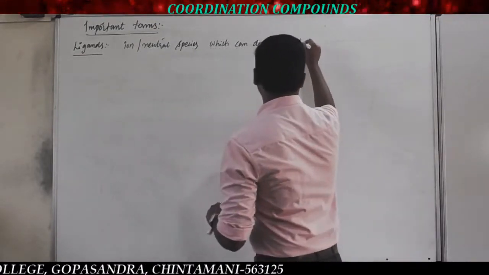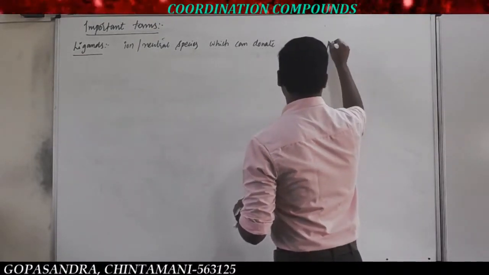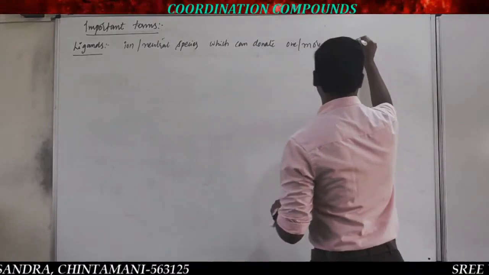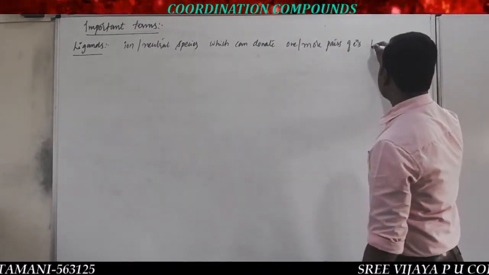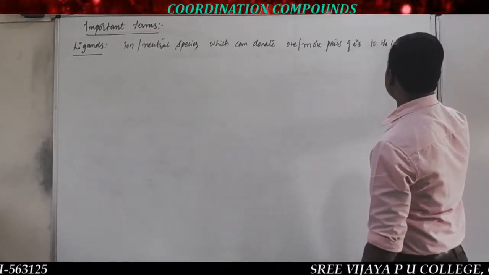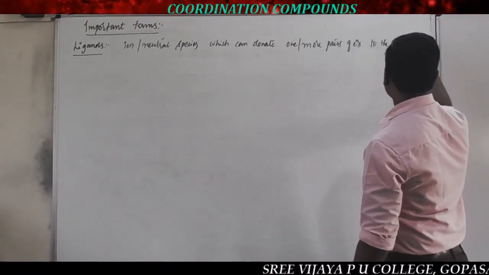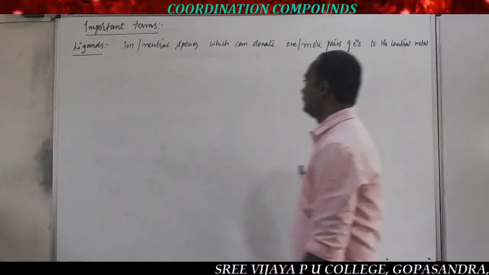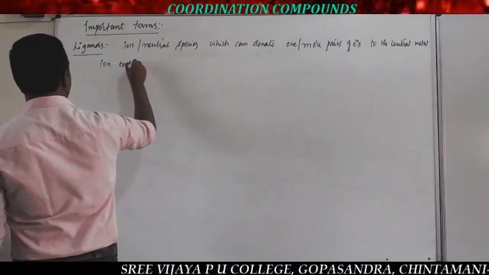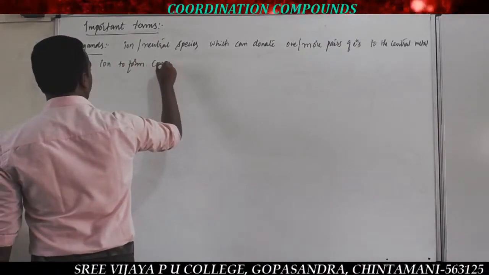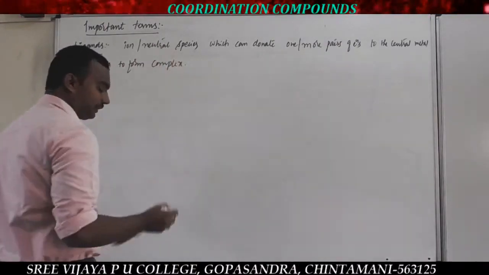one or more pairs of electrons to the central metal atom to form complexes.